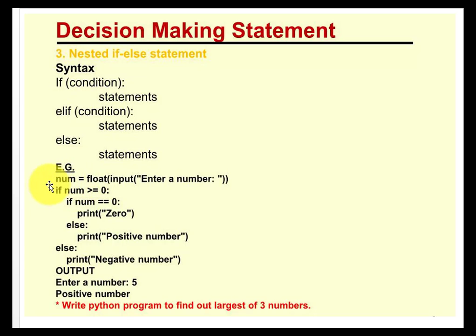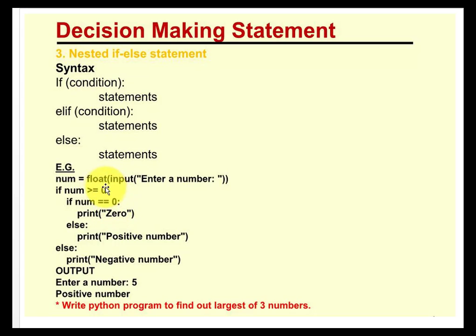After num gets some value, the next statement will be executed, and there I put the condition that num is greater than or equal to 0. That condition I want to check. And next, if num is equal to 0, then that statement will be executed: zero. Means if the number is greater than 0, or if the number is equal to 0, then I want to execute zero.